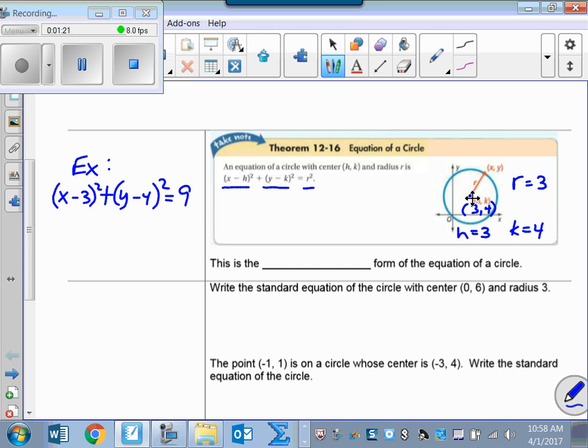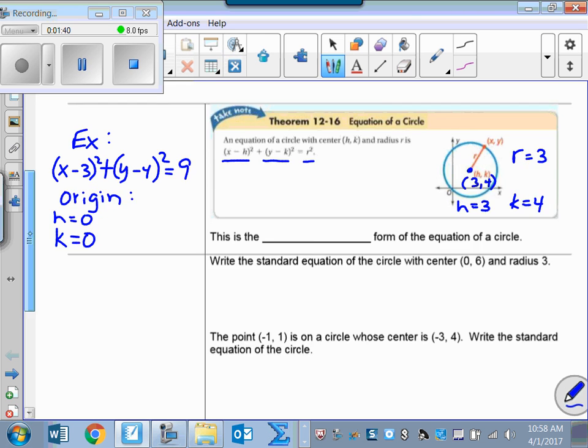Okay, so what if our center was at the origin? If the center was at the origin, then h would be 0 and k would be 0, right? And x minus 0 is just x, and y minus 0 is just y.